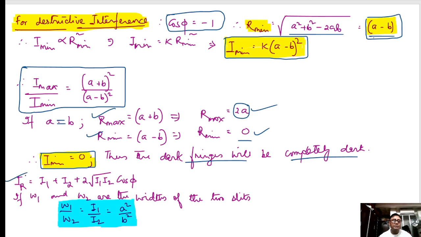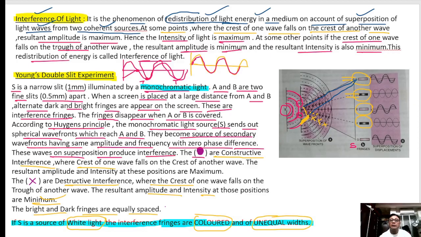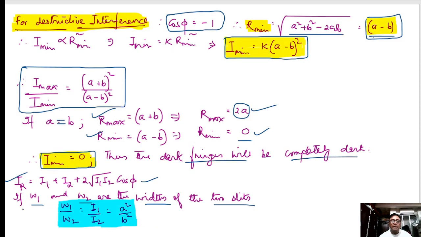Now this is the relation for the resultant intensity. If omega 1 and omega 2 are the widths of the two slits, as I told you, there will be two slits we will be taking, one at A and one at B. So we can write the relation: omega 1 by omega 2 is I1 by I2, which is A1 square by A2 square.